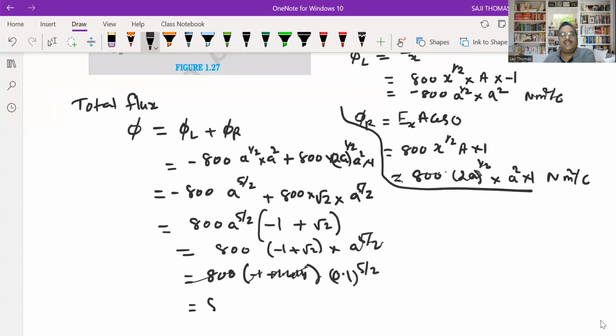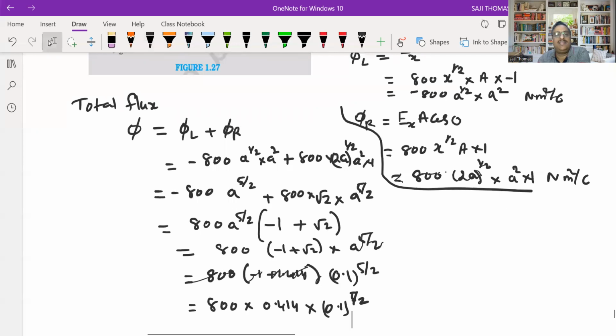That is 800 into 0.414 into 0.1 raised to 5 by 2. When you calculate, you will get 1.05.